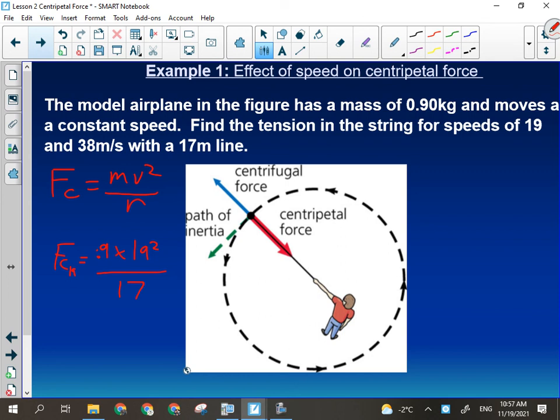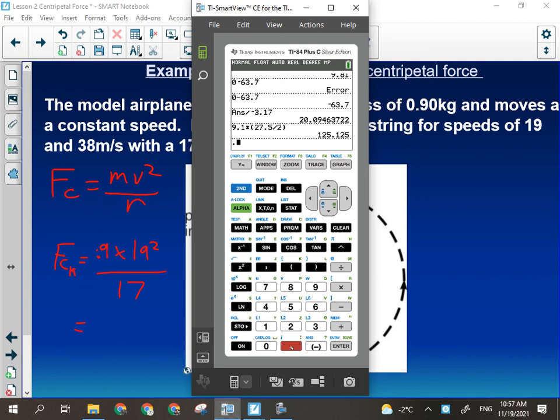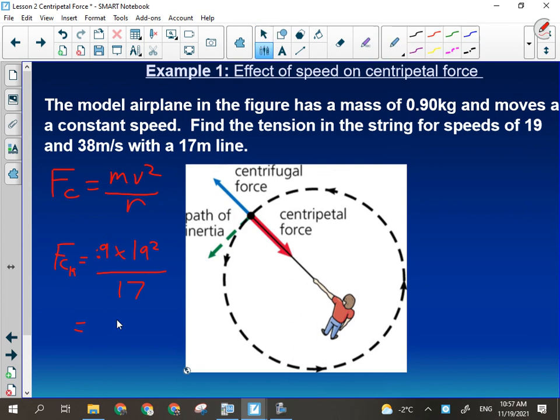That's the length of the rope, which is the radius of the circle. All right, so we're looking at 19.1 newtons. Okay, 19.1 newtons towards the center of the circle.